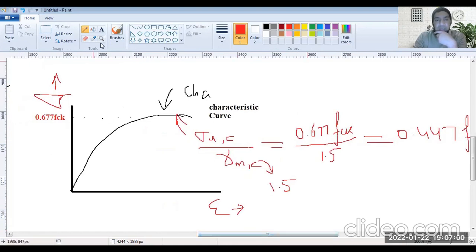So there will be another curve, जो कि डिजाइन कर्व होगा इसका. So this curve below this characteristic curve will be the design curve for concrete.